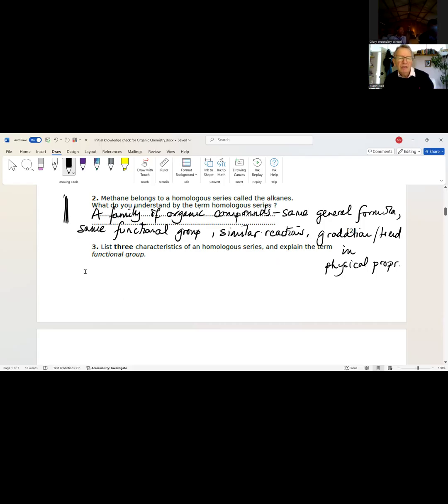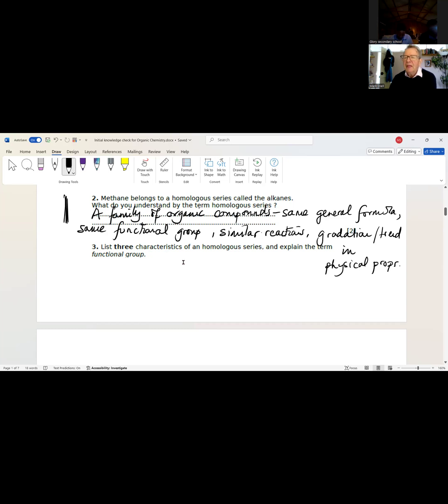And explain the term functional group. Well, the young scientist from St. Michael's did a great job on that. An atom or group of atoms which tells us how it is going to react. It's the part of the molecule which makes it different from being an alkane.